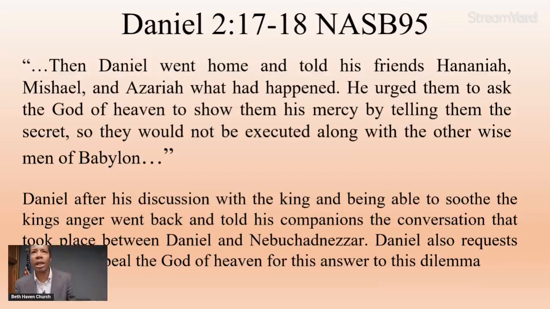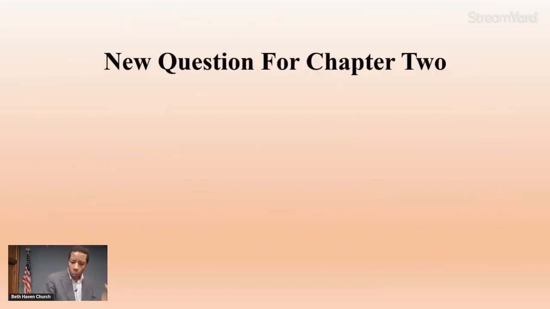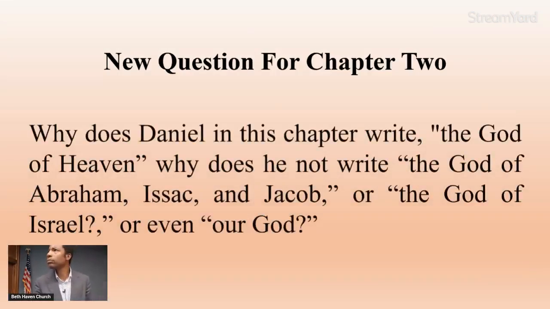But this raises a question here, okay? This is how my mind works. Why does Daniel refer to God as the God of heaven? Why didn't he say the Lord God, or the God of Abraham, Isaac, and Jacob, or our God, right? Why does he refer to God as the God of heaven?